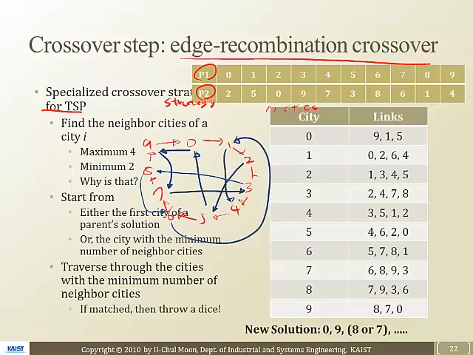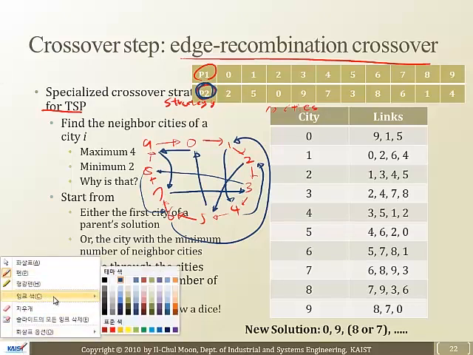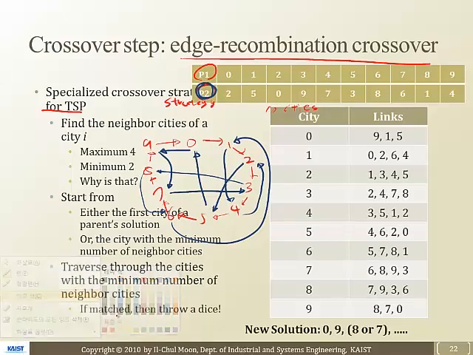And then 4 to 2. Okay. So the red ones are P1 and the blue ones are P2, parent 2. Okay.